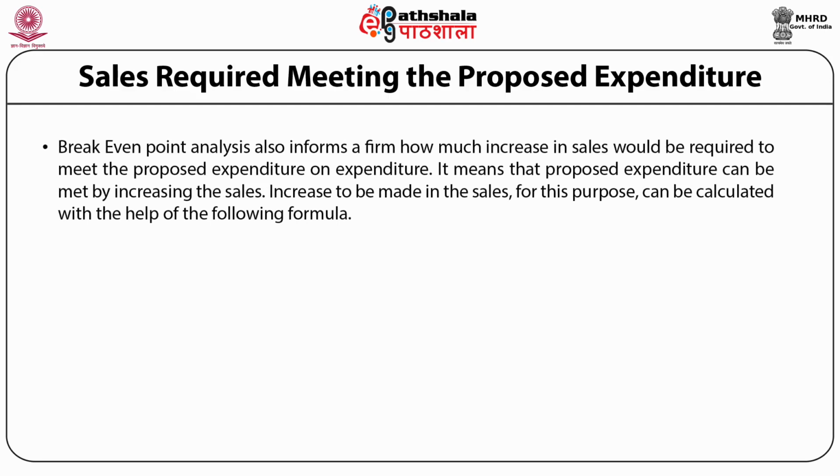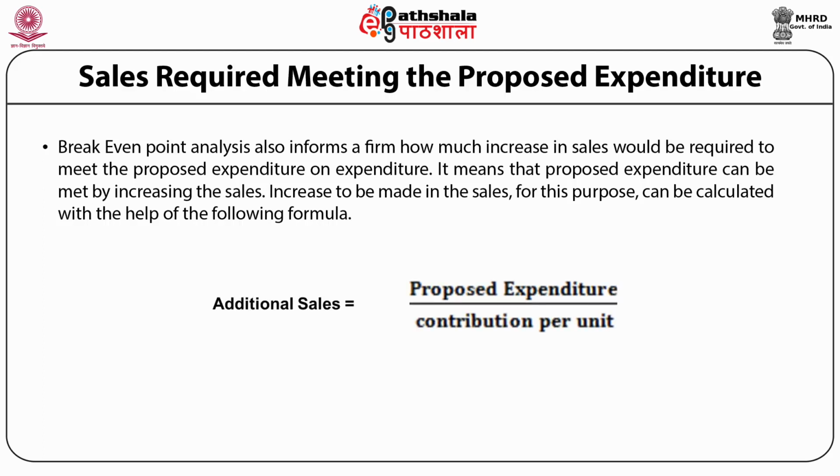We can also use break-even analysis to know the sales required for meeting the proposed expenditures. Break-even analysis also informs a firm how much increase in sales would be required to meet the proposed expenditures. It means that the proposed expenditure can be met by increasing the volume of sales. The increase to be made in the sales for this purpose can be calculated with the help of the following formula: additional sale is equal to proposed expenditure divided by contribution per unit.